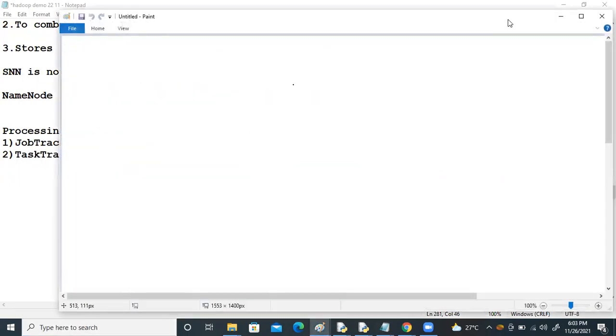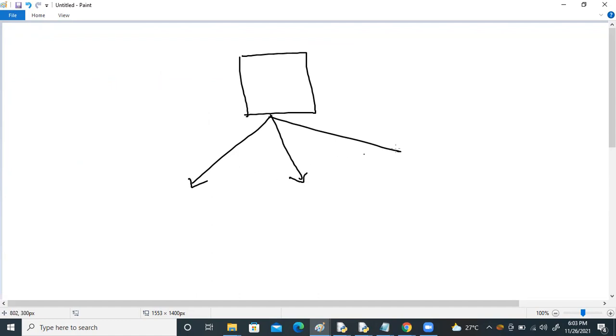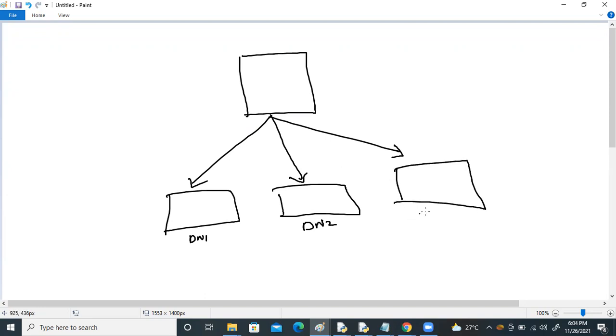Excuse me. So this is my master node. These are my slaves, my slave nodes, nothing but data node 1, data node 2, data node 3. Here this is the name node.